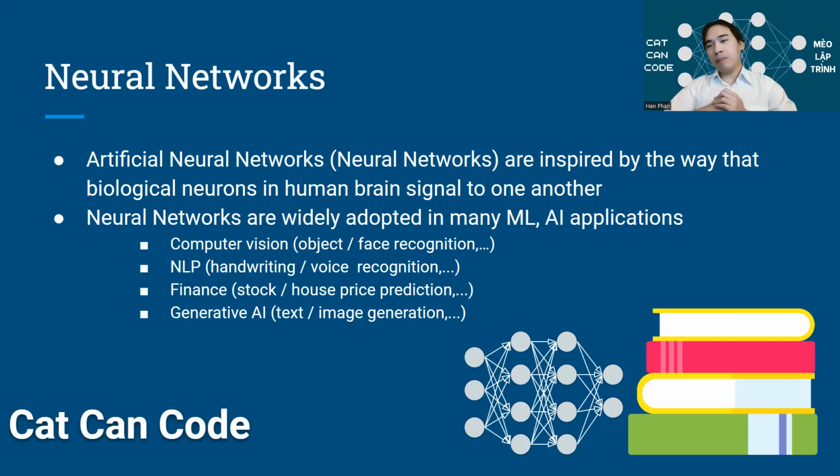Especially in recent months, there's a rise in the popularity of generative AI for text and image and even video generation. So let's dive deep into the reason why and how neural networks can perform these tasks that we always think can only be done by human intelligence.